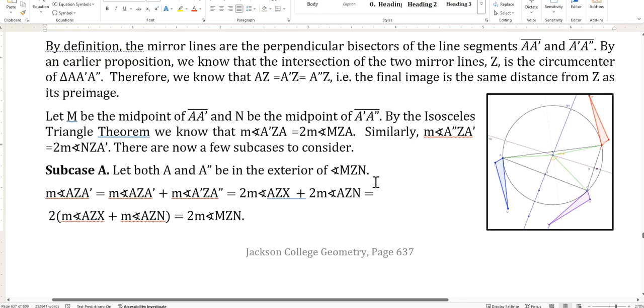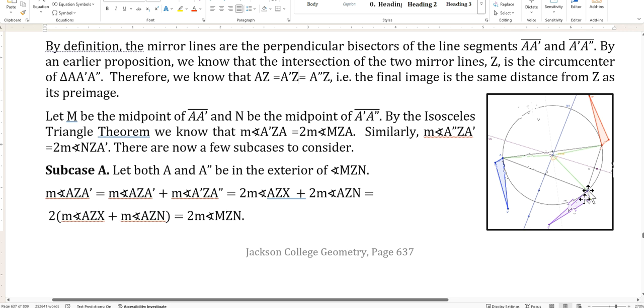Now, if we draw the line segments from this center point here, which I'm calling Z, and connect it to A prime and A double prime, those green line segments are all the same length. They're radii of this circle here, which is circumscribing this triangle that you see here.